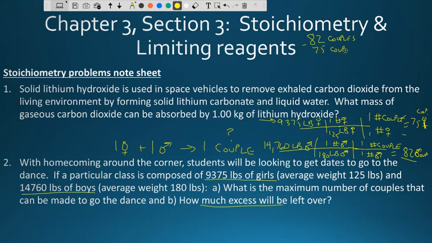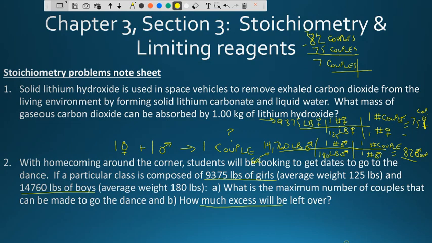So we're talking a differential of 7 couples. So how much is left over? Who is my leftover? This is going to be my limiting. Here's my excess reagent. All right, so the question is, of those 7 couples, how many boys would that be? If they're taking a look at the maximum number of couples, how many would be left over?